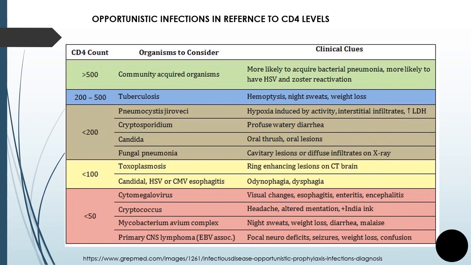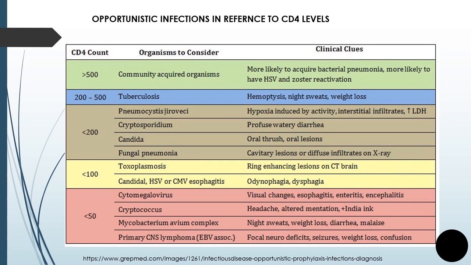In certain studies, Mycobacterium avium complex has also been noticed in patients who have CD4 count less than 100. In patients with advanced disease with CD4 count less than 50, the common opportunistic infections include cytomegalovirus infections, Mycobacterium avium complex infections, cryptococcus infections, and primary CNS lymphoma, which is caused by Epstein-Barr virus.